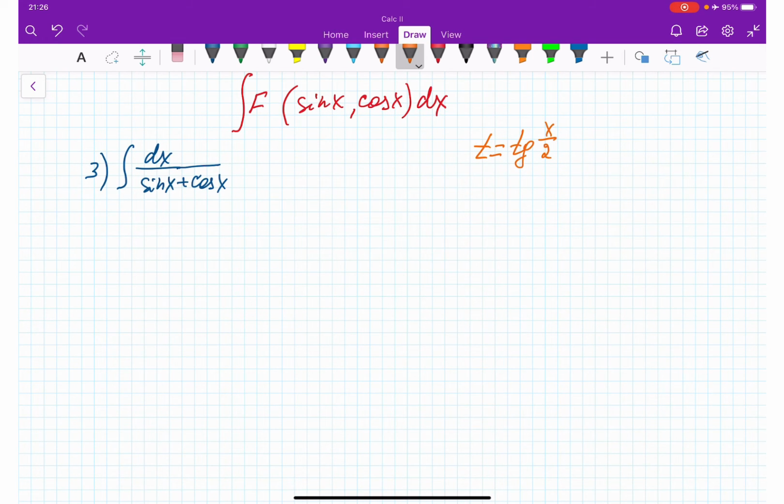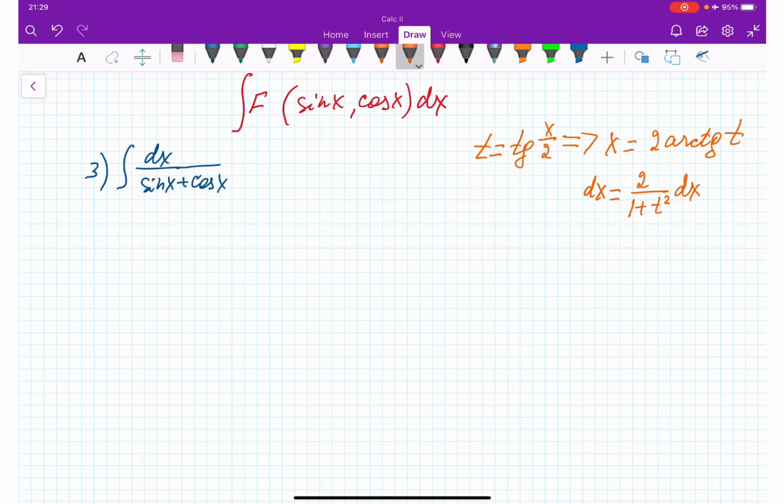And from here we will have x would be equal to arctangent t. Okay, so dx from here is equal 2 over 1 plus t squared dt.